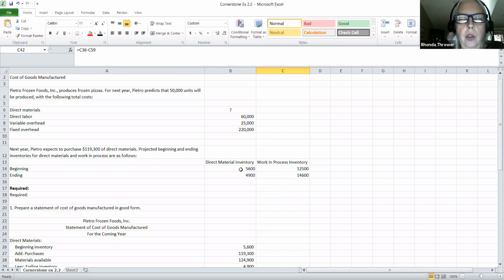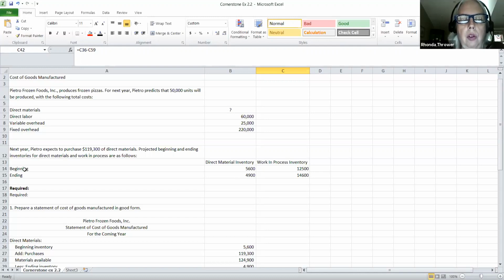The beginning inventory comes from last period's ending inventory account that's brought forward. Your direct materials inventory account is actually a balance sheet account, and the amount of that inventory, the beginning inventory again, would come from last period's ending inventory account.